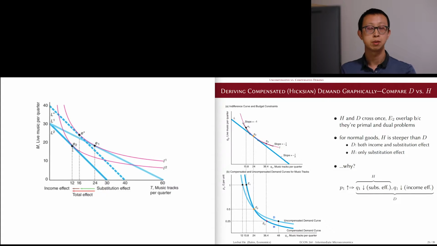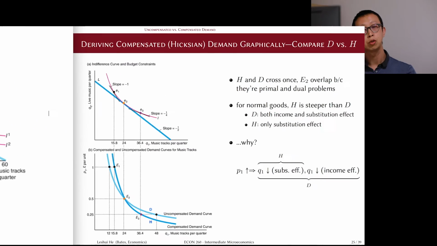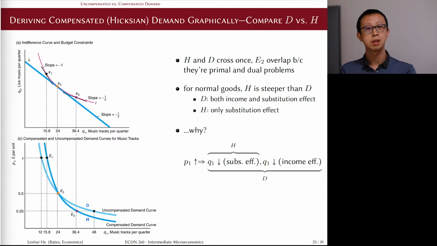Now, using the decomposition we learned from the previous video, the change in the Marshallian demand is the income effect combined with the substitution effect that is captured by the Hicksian demand. In other words, the income effect pushes the Marshallian demand further back from the Hicksian demand level at E star. So if the good is a normal good, then the income effect pushes the demand further down, just like what is illustrated here on this graph.